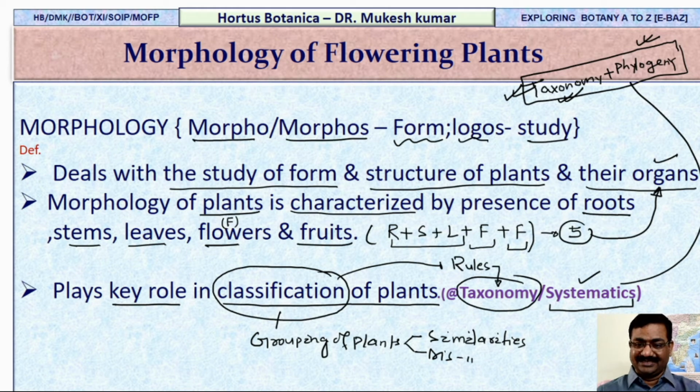So see, first of all you have to group very easily, and after grouping you have to follow the rules for where we have to classify the plants, either on the basis of plant, flower, leaf, very broad. If you find a leaf with parallel venation, monocot; reticulate venation, dicot, fine.